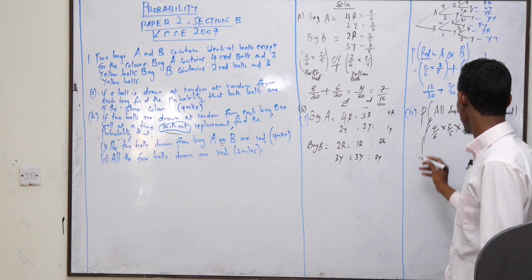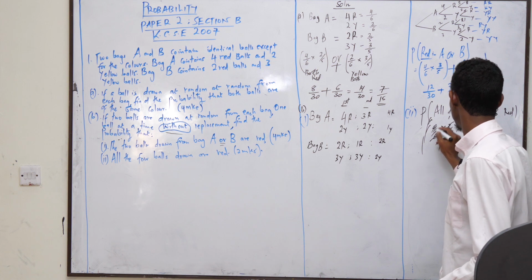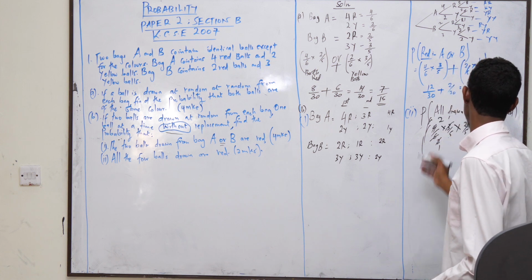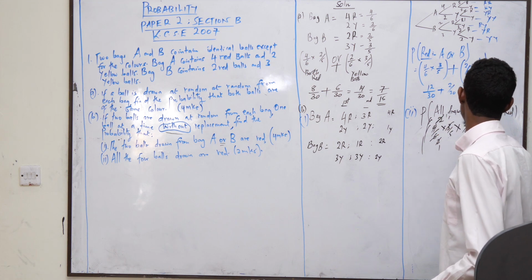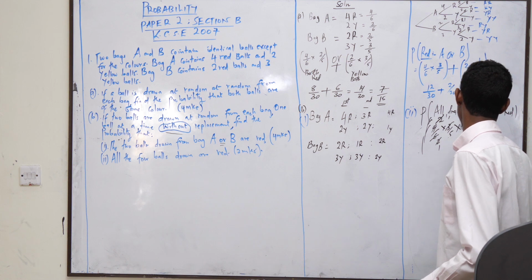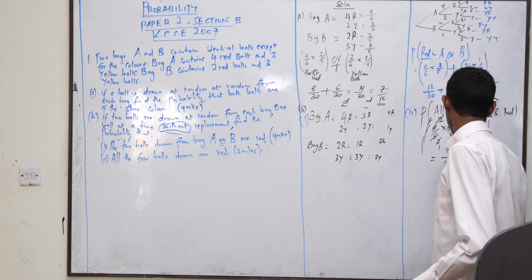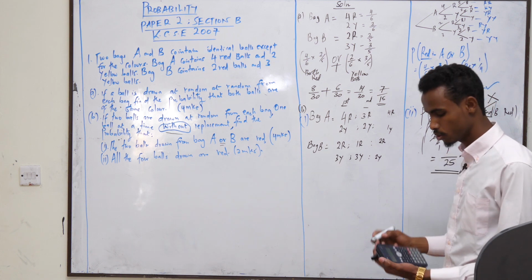Now it becomes, multiply everything. 4 times, let's simplify, by 3, 1 by 3, 2 by 2, 1 by 2, 2, done. Now it becomes 2 times 2 by 2, 1 by 2, 2 by 2, 1 by 2, 1. Now it becomes 1 out of 25, and that is the solution to that.